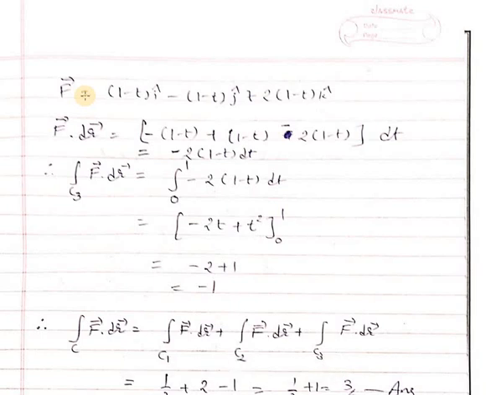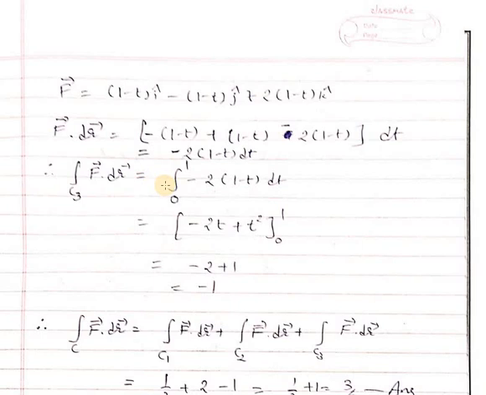and that will give you F bar. F bar is equal to (1 minus t)i minus (1 minus t)j plus 2 into (1 minus t)k. So F dot dr is equal to minus of (1 minus t) plus (1 minus t) minus 2 into (1 minus t) dt, and that will be minus 2 into (1 minus t) dt.